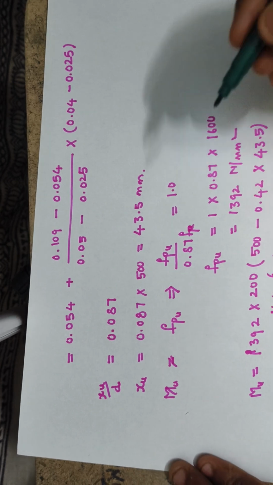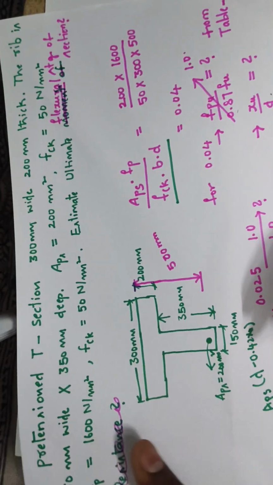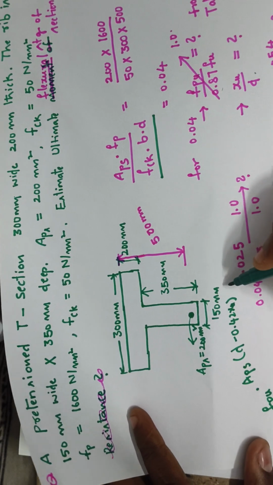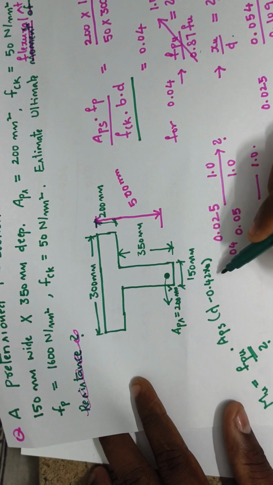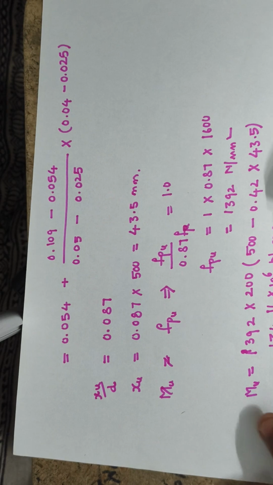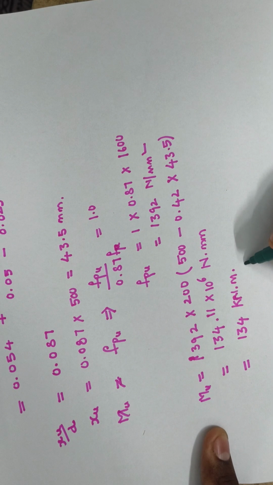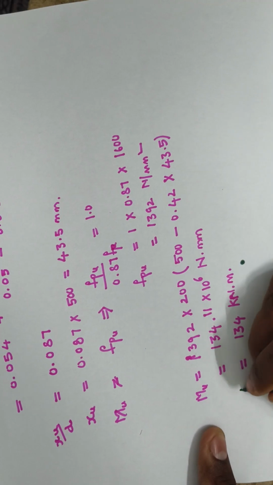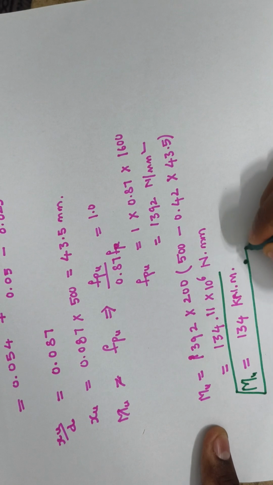FPU value is 1392. Once we know the values of all these parameters, we can simply substitute and get the answer. This is our answer. Mu is equal to 134 kilonewton meter.